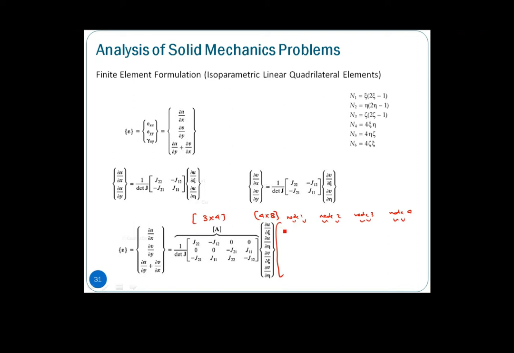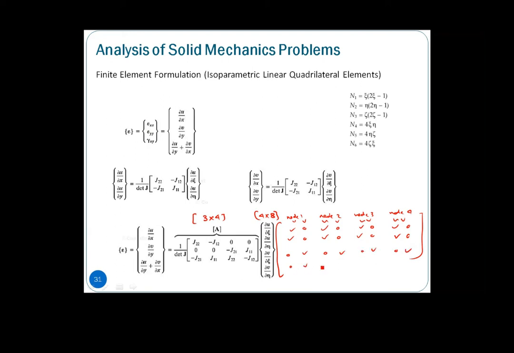So del U, del psi, you have non-zero, zero, non-zero. Then you also have del U, del eta, also non-zero, zero, non-zero. Then del V, del psi is zero, non-zero, zero, non-zero.